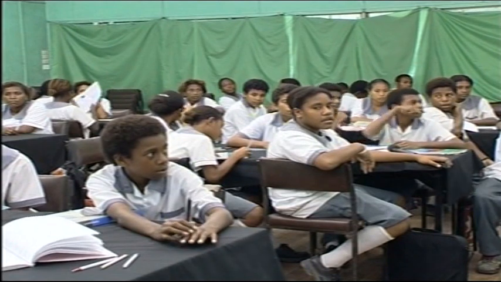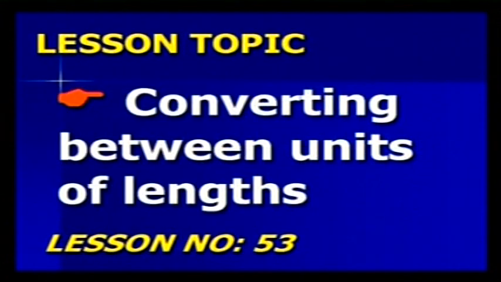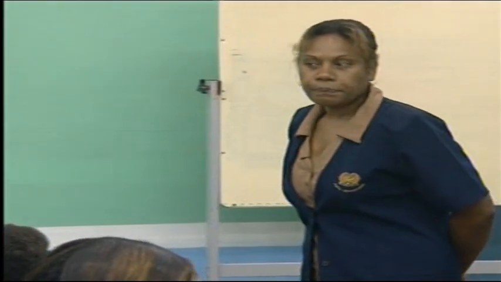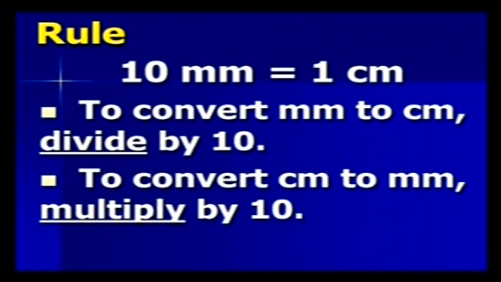Today's topic is converting units of length. We already know that 10 millimeters is equal to 1 centimeter. When we want to convert millimeters, the smaller unit, into a bigger unit, centimeters, we divide by 10.